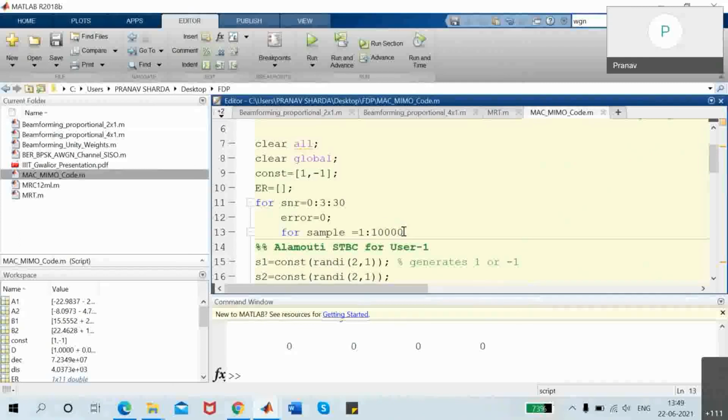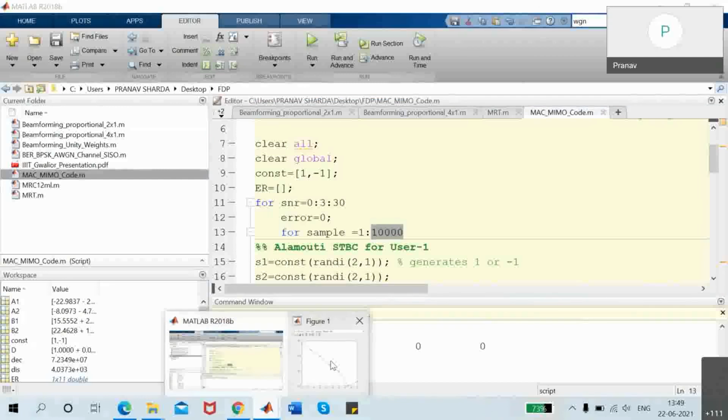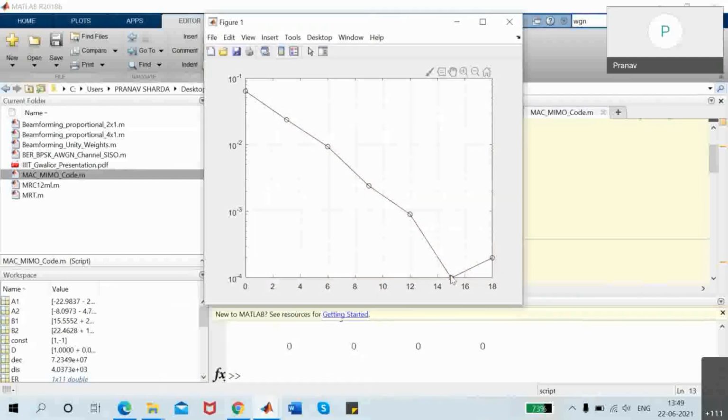Why have I kept it 10 raised to power 4? Because it takes less time. If I increase it 10 times more, to 10 raised to power 5, it will take more time. Depending upon the configuration of your PC, you can increase this value. It should be at least around 10 raised to power 5. The curve would be smoother, right?